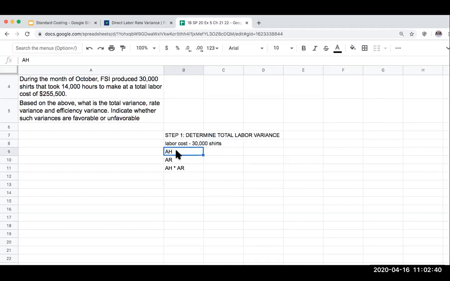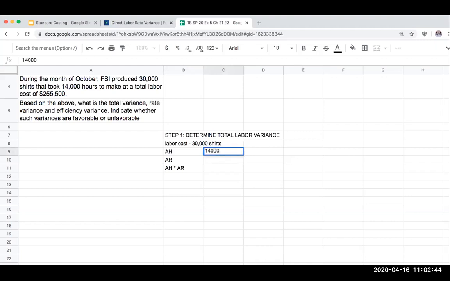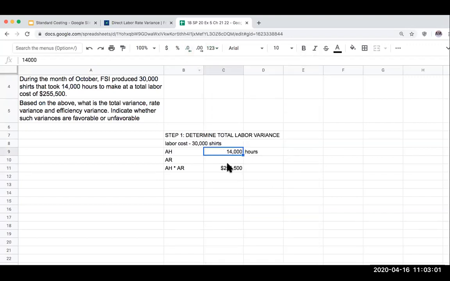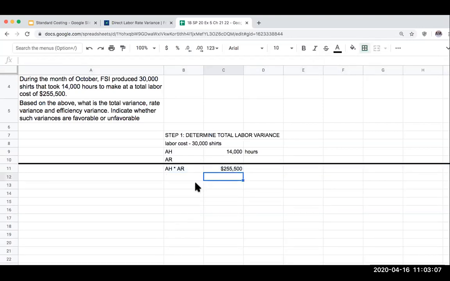To make the 30,000 shirts, it took me 14,000 hours at a rate, well, we actually don't know the rate, but we know the total cost of 255,500. So what was my actual rate per hour?